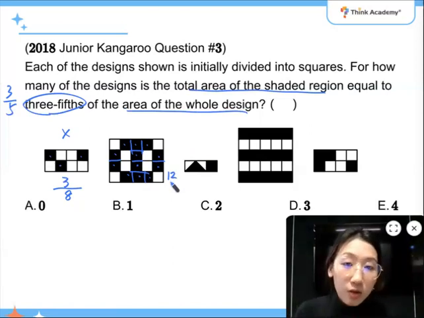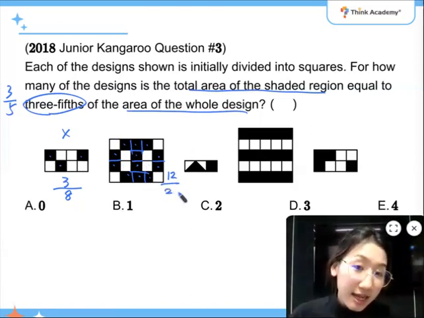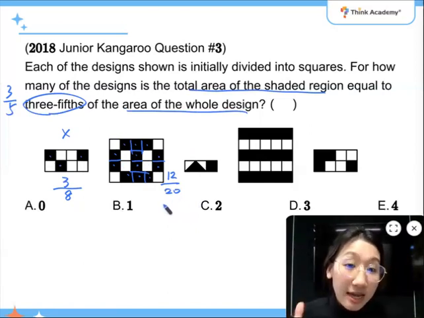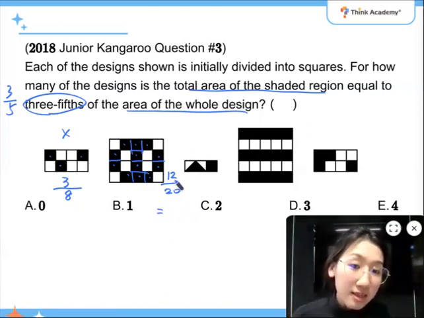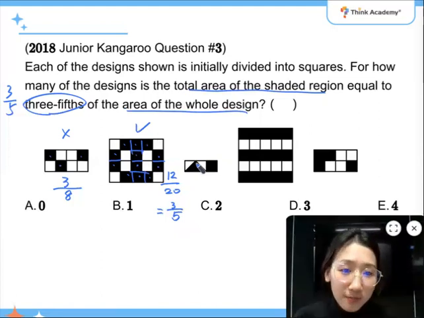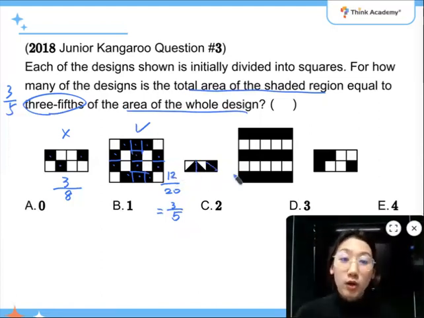On top of that 12, I have another 4 at the corners and another 4 in the middle, so you're going to add 8 to it, and that's in total 20. It doesn't matter how you count it. If you simplify it, dividing both the top and bottom by 4, you have 3/5, and that's what we want. So let's put a tick here. And then for the third one, here you've got some triangles, so let's split them all into triangles.